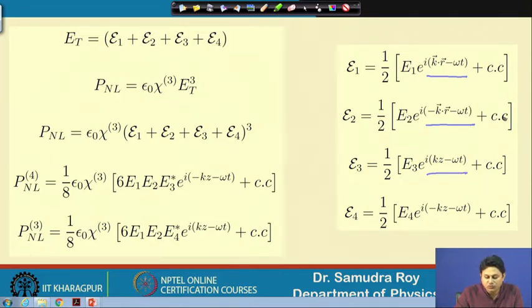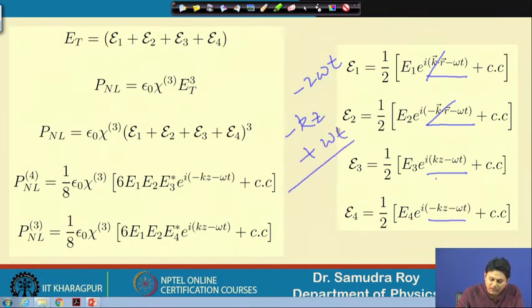So, it is very easy to find out what should be the form of E4, and if I know the form of E4 is e to the power of i minus kz minus omega t, that means if I multiply these two, E1 and E2, this kr will cancel out, and we will have a phase with a term 2 omega t, and if I take the complex conjugate of these things, then I will have minus kz and then plus omega t.